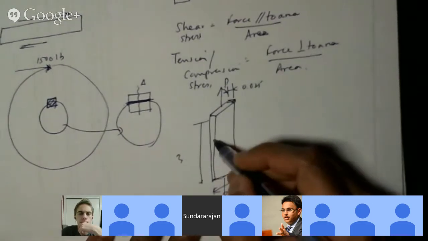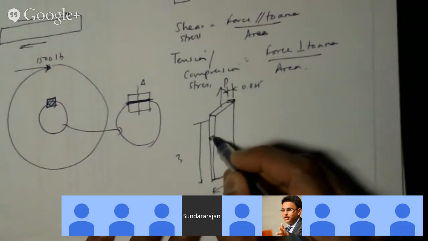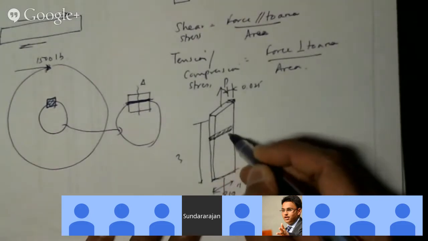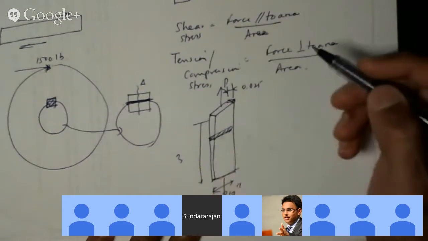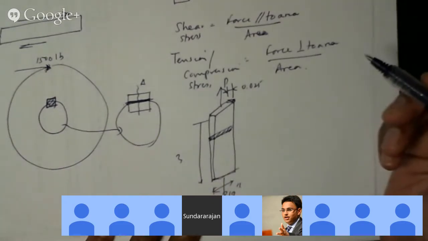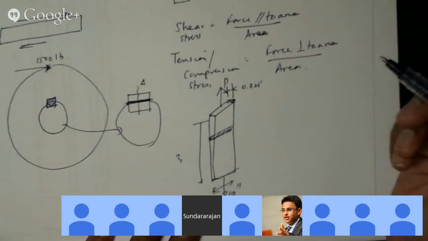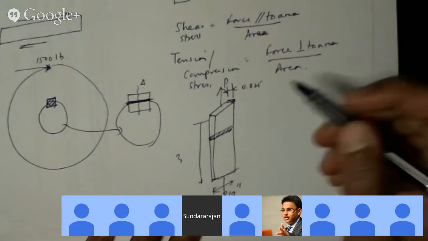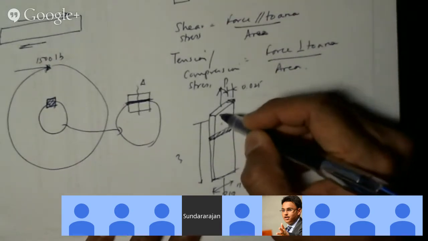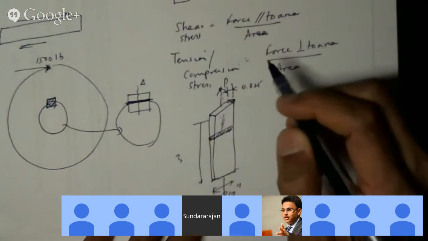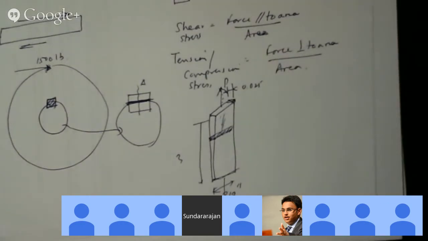So the area that we want is this sectional area, right? Because that's the area that's perpendicular to the force. This area is not perpendicular to this force. Okay, I get it now.